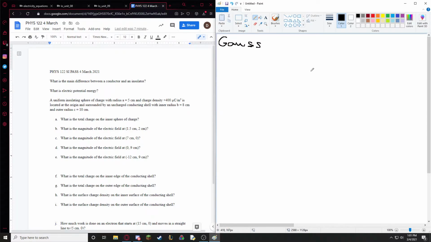Gauss's law is the integral of E dot dA equals Q enclosed over epsilon naught, and we use that to find electric fields for what kind of systems?